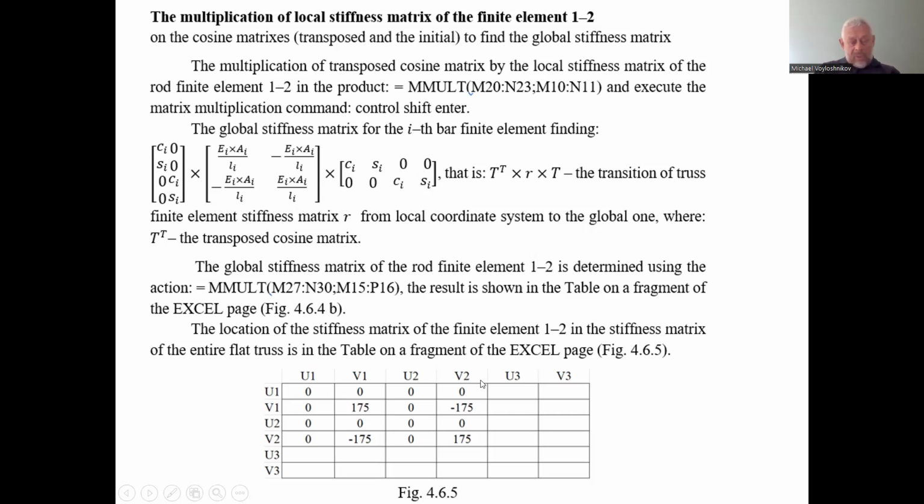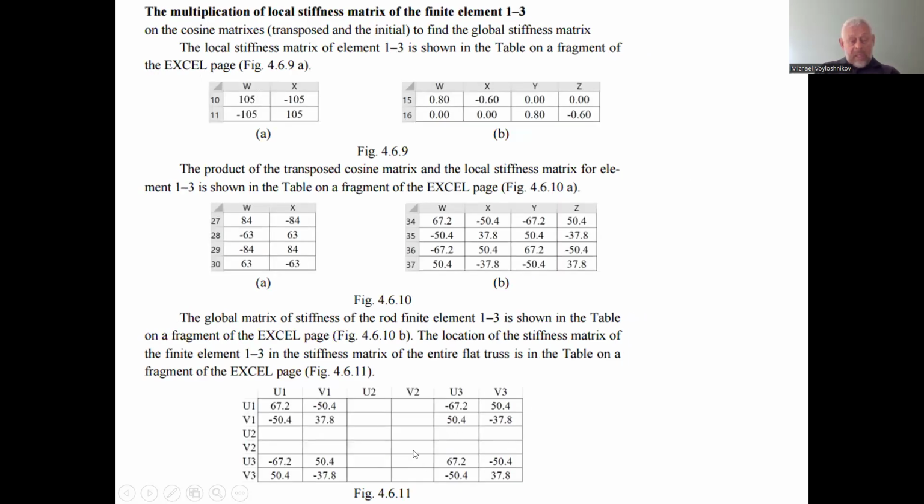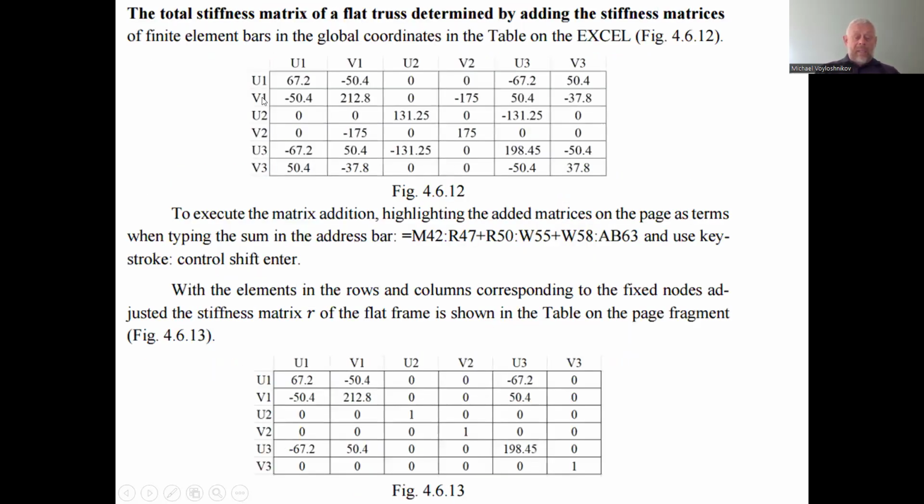So we have it for the first finite element, for the second, and for the third finite element. And next we have the total matrix. We add all 3 matrices to each other.